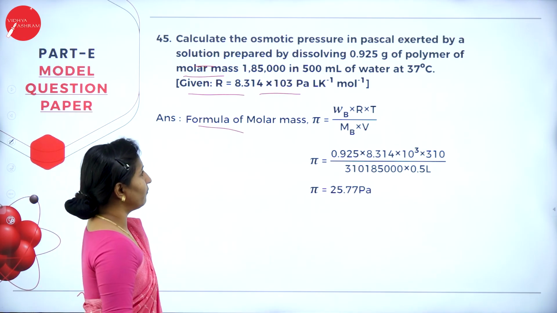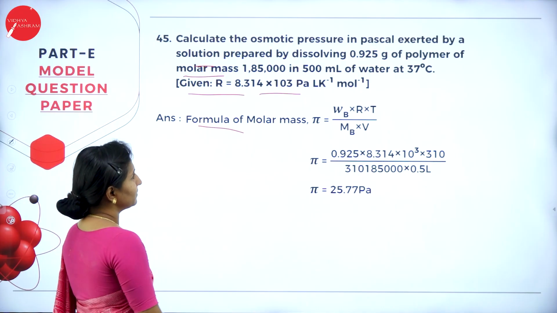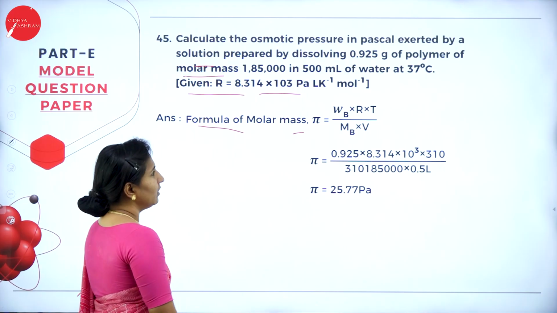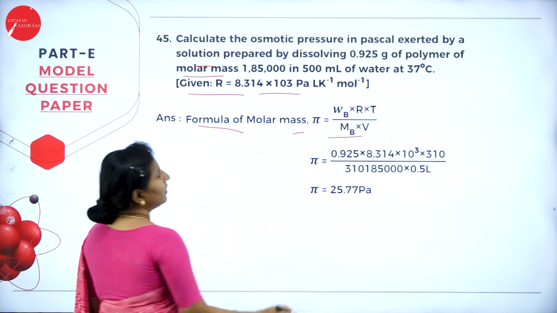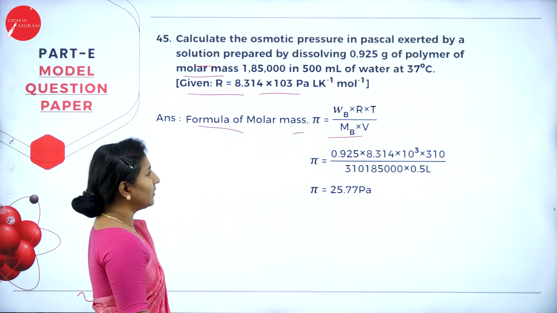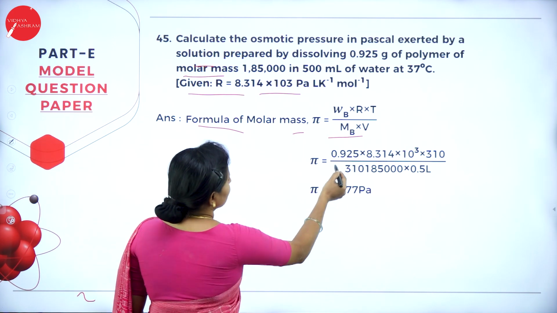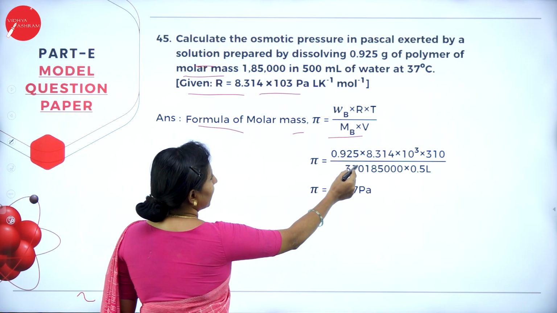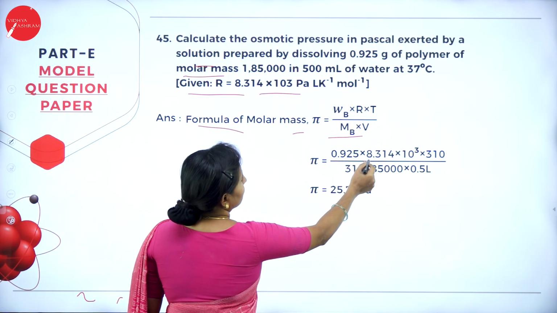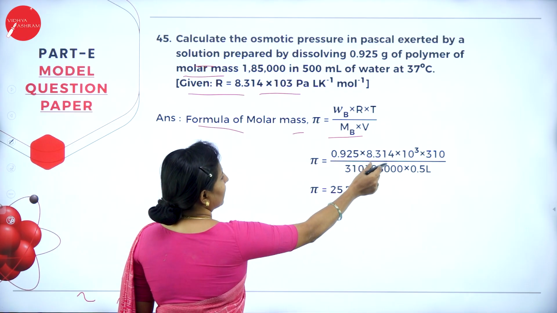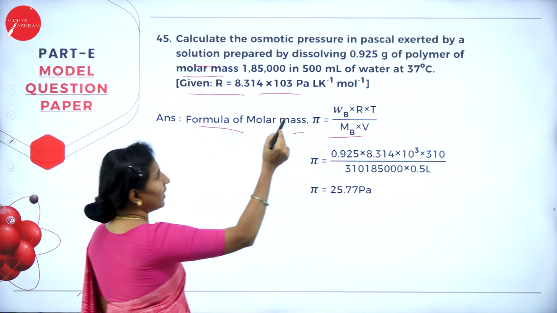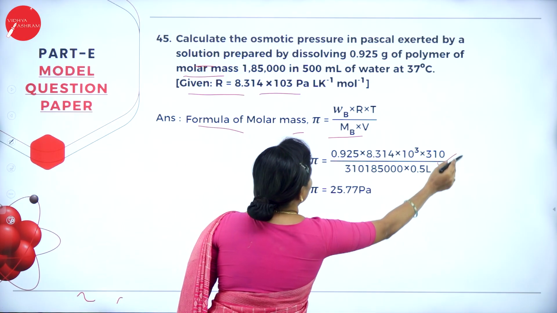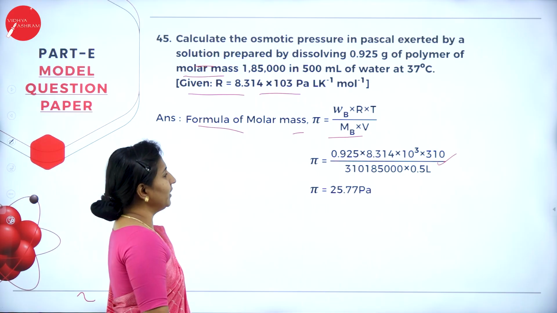Formula of molar mass: MB equals WB RT divided by pi V. So we have the WB value, weight of solute, 0.0925 into R value 8.314 into 10 power 3, and T value: 37 degrees Celsius plus 273, we get the value of 310 Kelvin.